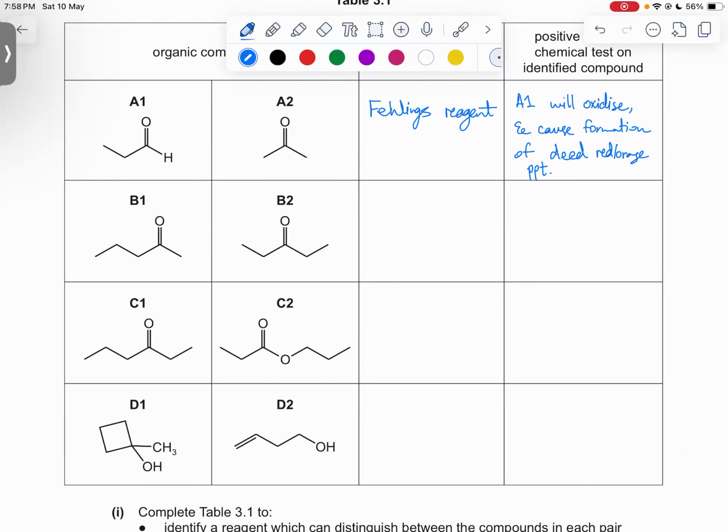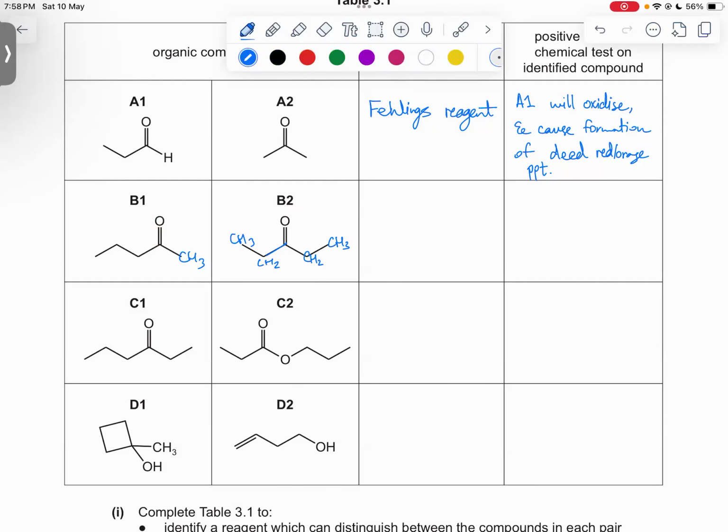Next question. B1 and B2 are both ketones, as you can see. This is a CH3 over here. This is not an aldehyde. So they are both ketones, but B2 has a CH2CH3 on this side and a CH2CH3 on this side. The carbonyl carbon is not joined with a CH3 group in B2, but in B1 it is.